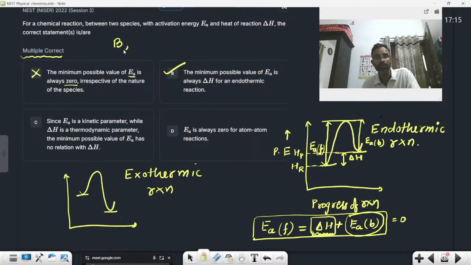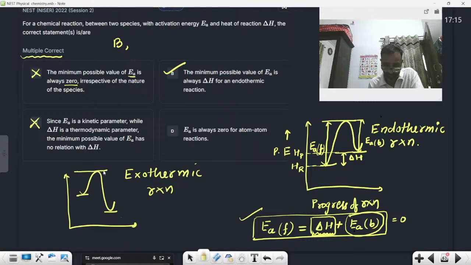Since activation energy is a kinetic parameter, while delta H is a thermodynamic parameter, the minimum possible value of EA has no relation with delta H. That's not true. Already we have done this, that the activation energy for the forward reaction equals delta H plus the activation energy for the backward reaction.